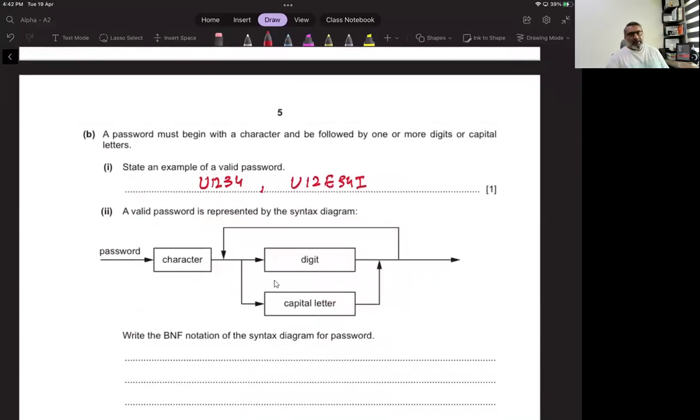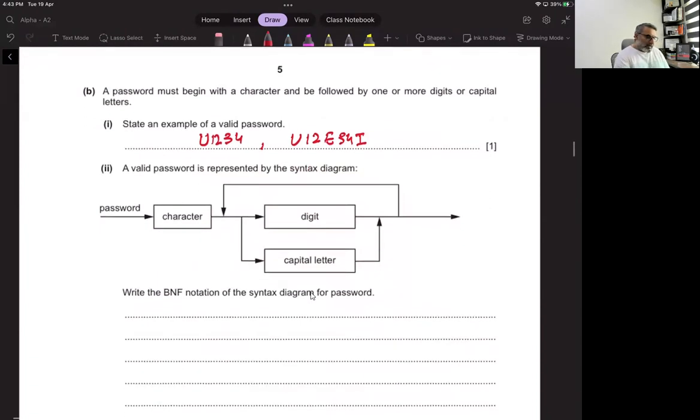So here in this syntax diagram, it says that password is a character. After that, you can choose any of the digits and the capital letters together. With the BNF notation, the syntax for the password, write the syntax diagram, write BNF.